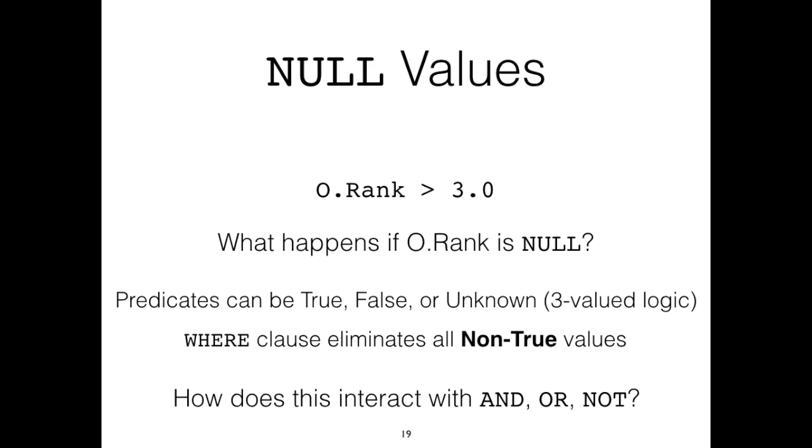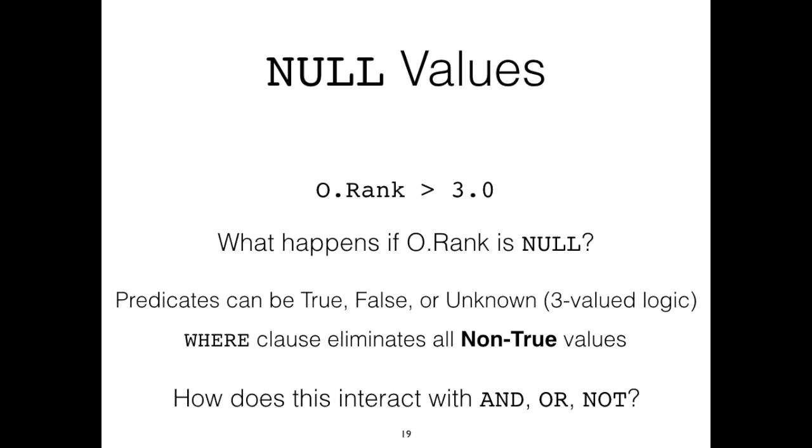So intuitively, what do you think would happen if I do an and of an unknown and false? What is false and unknown? False. Yeah. So false and anything is always false.